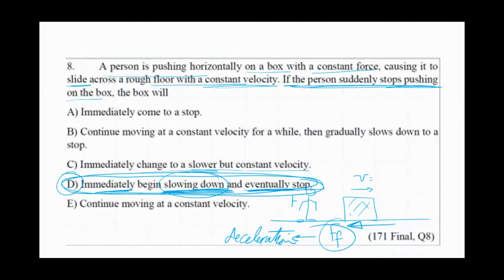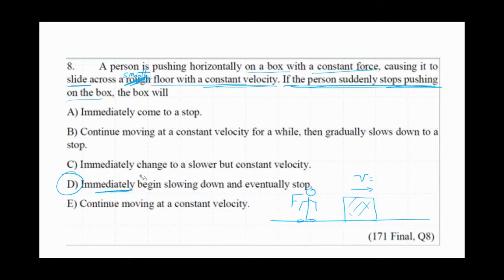Do you know, if you remove this rough floor and make it a smooth floor, what will happen? In this case, there will be no friction. And this is not a real case, by the way. But let's assume you are on a smooth surface.